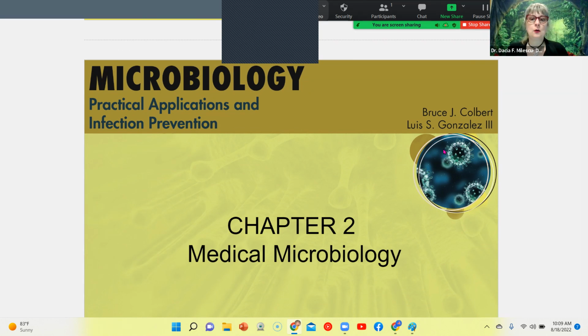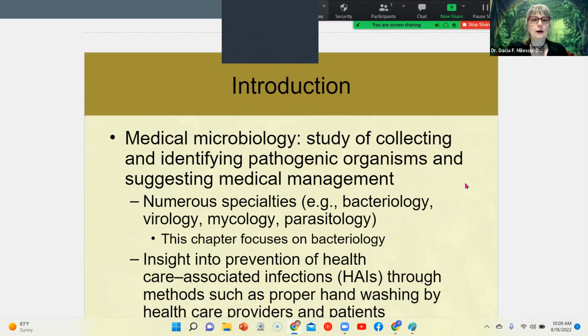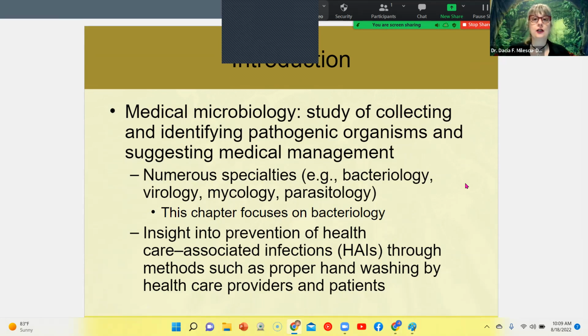All right, so medical microbiology, what is it? It is the study and identification of organisms that can be potentially pathogenic, and how do we manage it medically. It is not just an emerging field, it has been an established field that is very diverse, and it doesn't just include one or two specialties. It has numerous specialties within an umbrella called medical microbiology, which includes, of course, the study of bacteria.